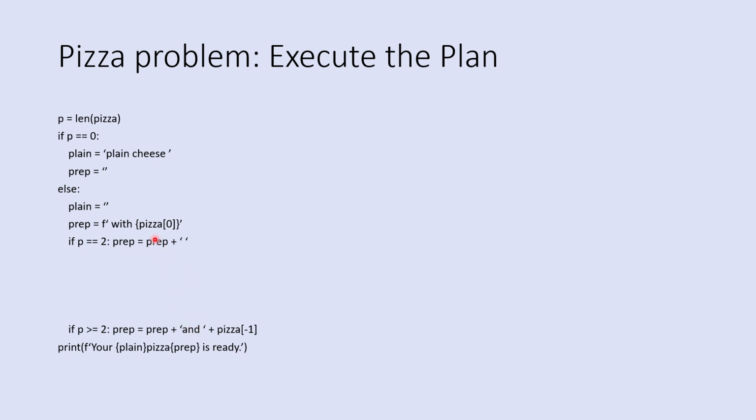To get all the spacing appropriate, notice I didn't put a space before the "and" down here when I typed this, so we're going to add in the space. If P is 2, we would say your pizza with the first topping, space, and the second topping is ready.